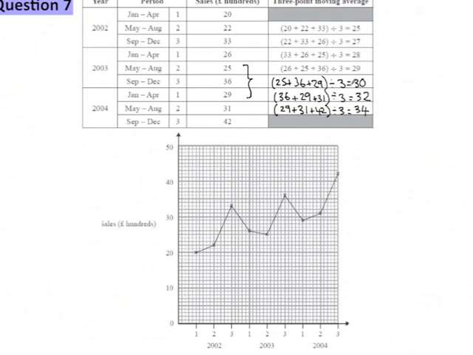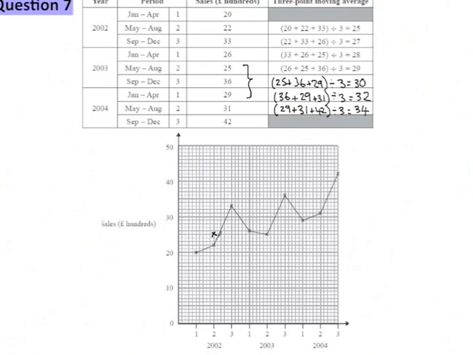Now, plotting these onto the time series graph, we need to make sure that we are choosing the middle. So here, our 3-point moving average is based on the 3 periods. The middle period is 2, so our first value will be plotted at 2 and 25. We have 20, 2, 3, 4, 5. So we will have our point here.